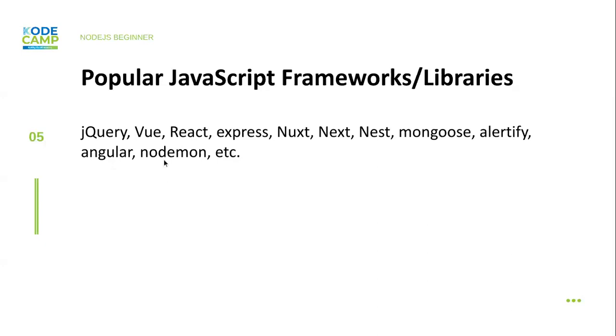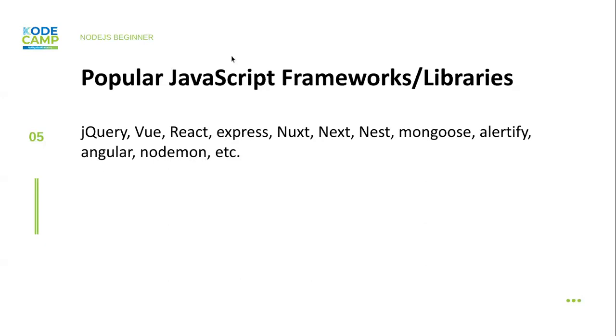Then Nodemon is a library used with Express to monitor and watch for changes. So we are concerned with using Express. We would use Mongoose and Nodemon later on. But before we start using these, we need to understand how JavaScript works. Okay, all right. I hope there is no other question.